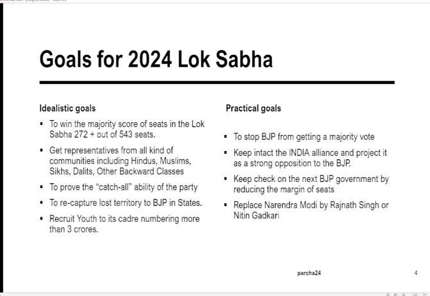Because then at that point, BJP would have to ask for alliances of several other political groups which have a secular and left leaning character. And to make that alliance, someone who is more acceptable will fill the gap of the seat for Prime Minister of India. And that is exactly where Rajnath Singh or Nitin Gadkari can come in.